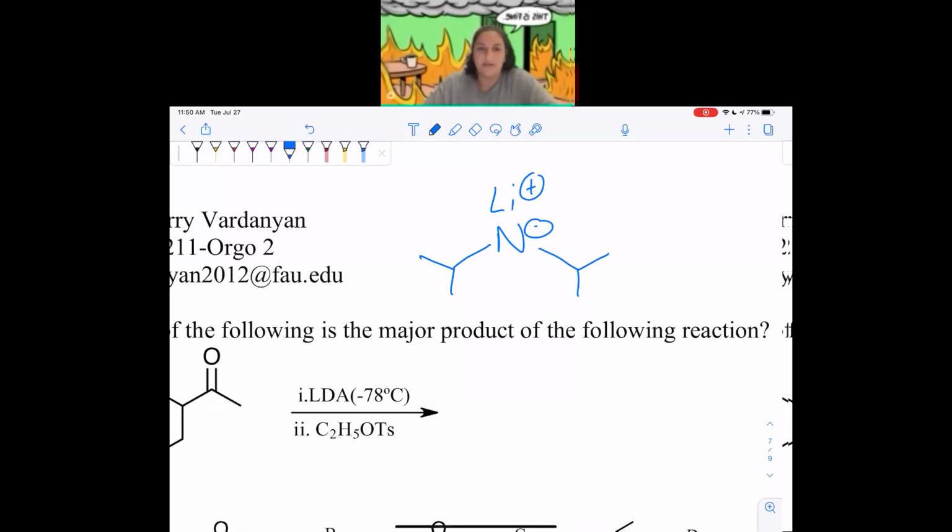So this is lithium diisopropyl amide. So a lot of words to say this is a base.